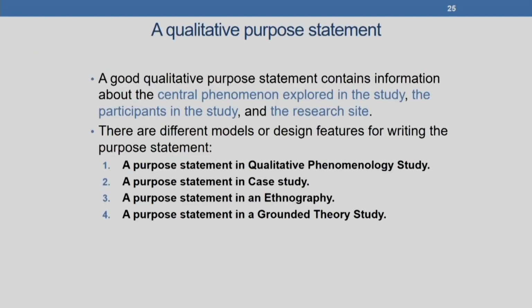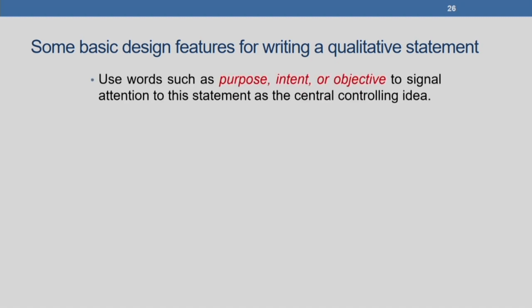Now, before we look into the examples of these different purpose statements, let us first look at some of the basic design features for writing a qualitative statement. One of the first is that we must use words such as purpose, intent or objective to signal attention to the statement as the central controlling idea.